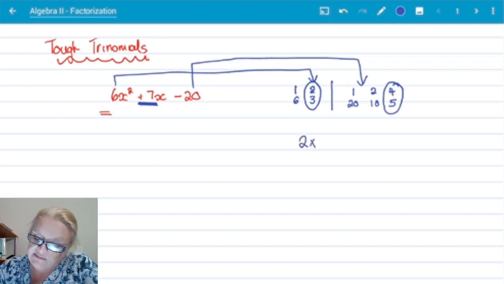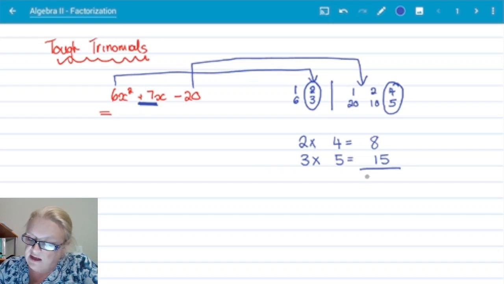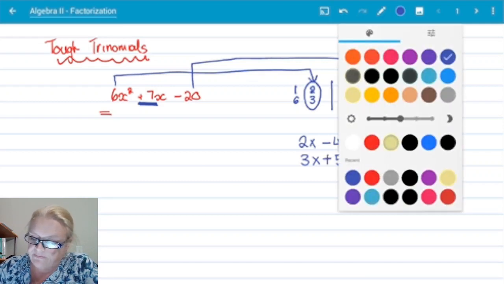2 times 4 equals 8. Notice these gaps I've left over here. 3 times 5 equals 15. You want to come out with a positive 7, which means you need a positive 15 and a negative 8. Transfer those signs to the front, minus and a plus, and now you're going to put your sausage in.